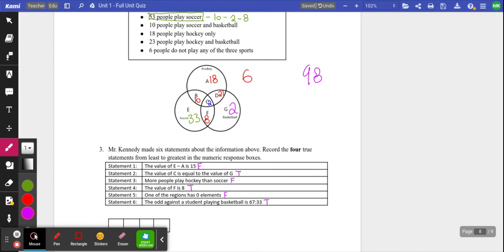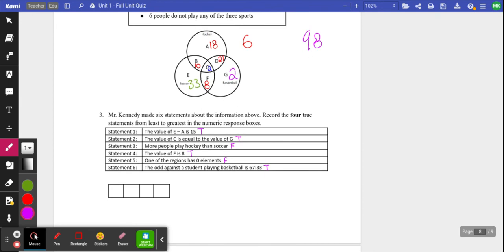What am I missing? Oh, E minus A is 15. Sorry. Very first one. That's true. That's just the sickness getting to me here. E is 33. A is 18. E minus A is 15. That's true. So the true statements were 1, 2, 4, and 6.